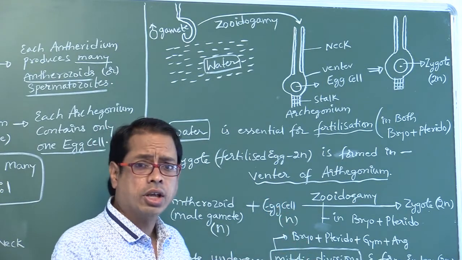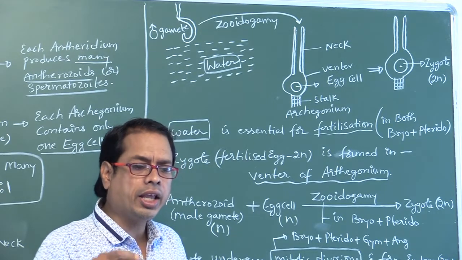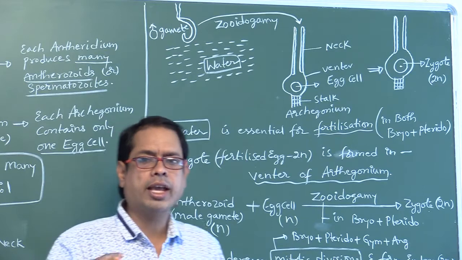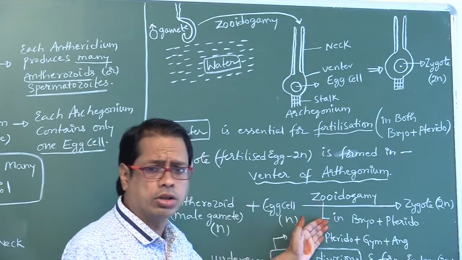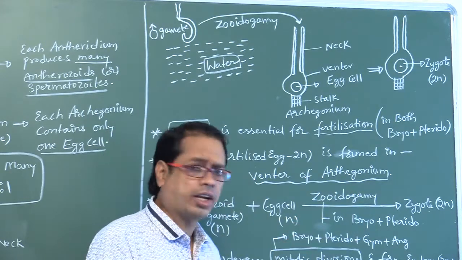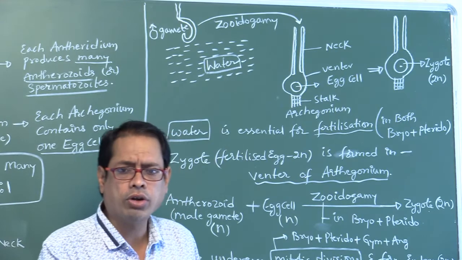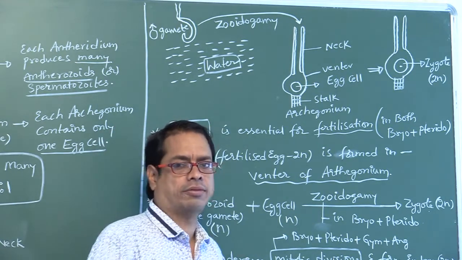Zoidogamy means the male gamete is motile and the female gamete is non-motile. This type of zoidogamy is found not only in Bryophyta but also in Pteridophyta.